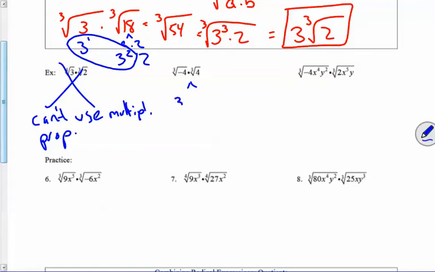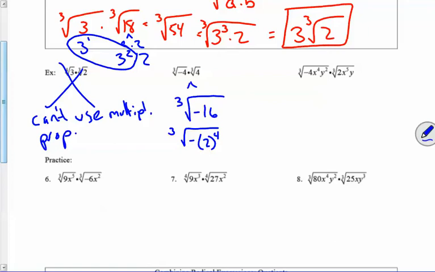So we get the third root of negative 16. Well, I know that 4 is 2 squared, right? So really I'm looking at the third root of negative 2 to the 4th power.